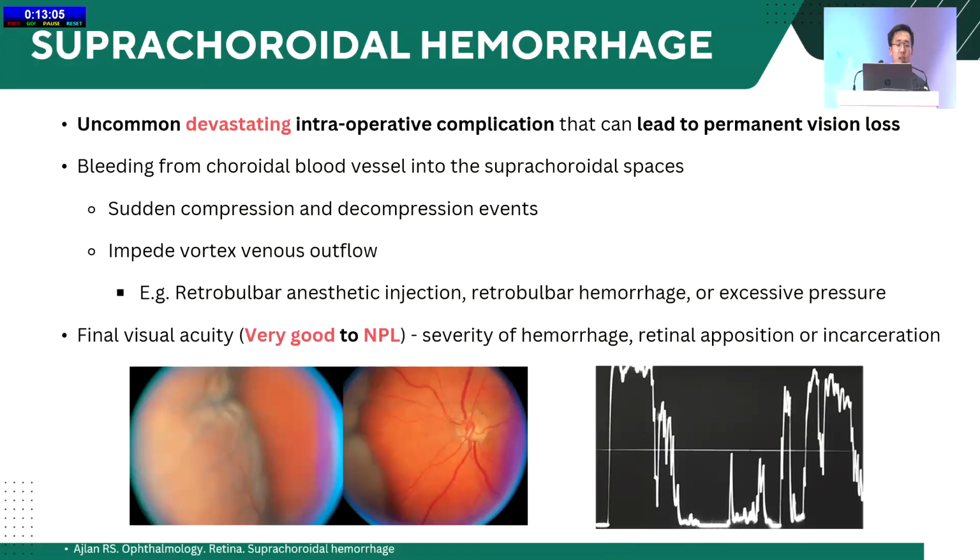The final visual acuity is very unpredictable, from very good visual acuity to NPL, depending on the severity of the hemorrhage, the apposition of the retina, or incarceration of retinal tissue.